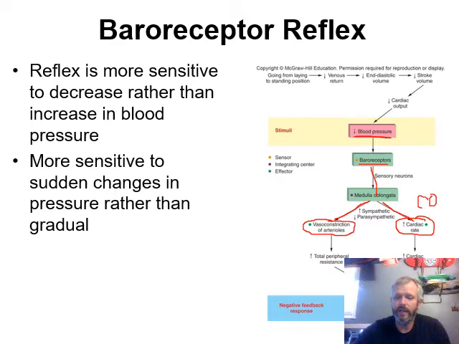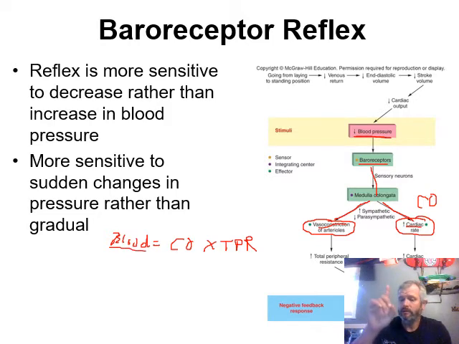Remember our blood pressure equals cardiac output times TPR. And you can see the effects that are taking place: we're increasing TPR and we're increasing cardiac output. So therefore we would be increasing blood pressure.